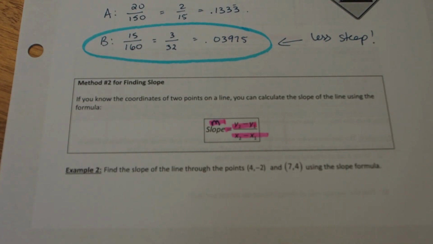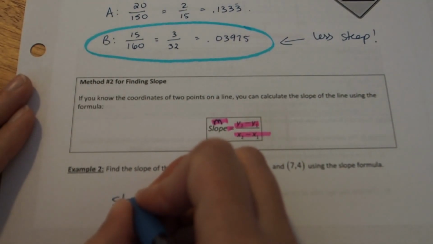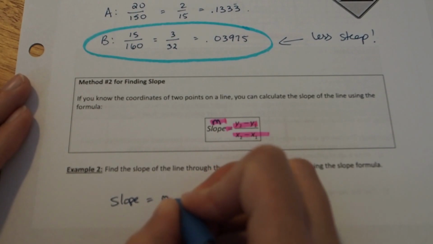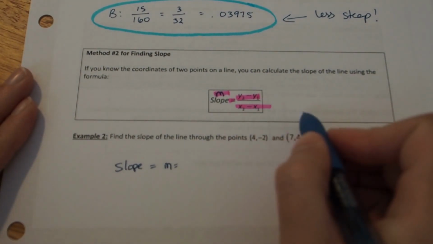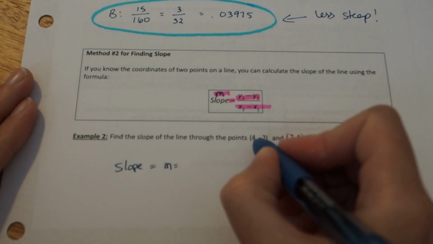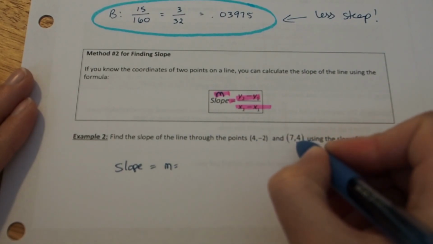Okay. I'm going to use this formula to find the slope of the line through these two ordered pairs. My slope, or m, is going to equal y2 minus y1. The first ordered pair is ordered pair 1, the second is ordered pair 2.